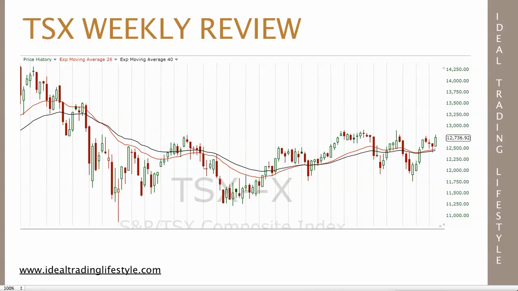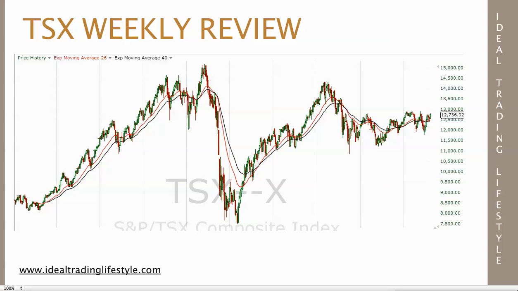Really jumping back over to 2004, you're going to see that we've got quite a bit of resistance overhead. While the S&P 500 had itself new highs and new territory, we've got a lot of previous cycle highs here, dating right back several years even, that we need to break through.